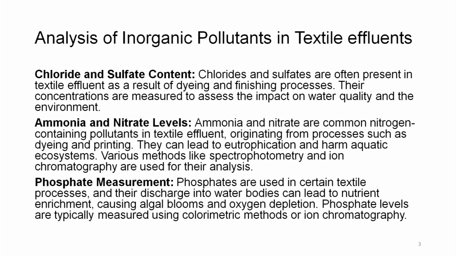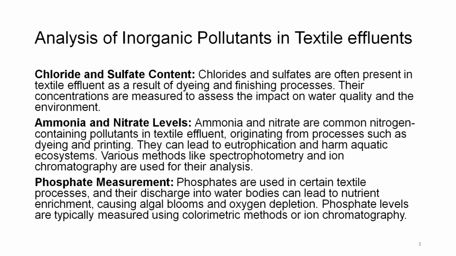Ammonia and nitrate are common nitrogen containing pollutants in textile effluent originating from processes such as dyeing and printing. They can lead to eutrophication and harm aquatic ecosystems.